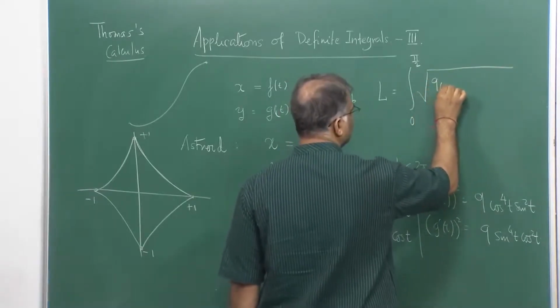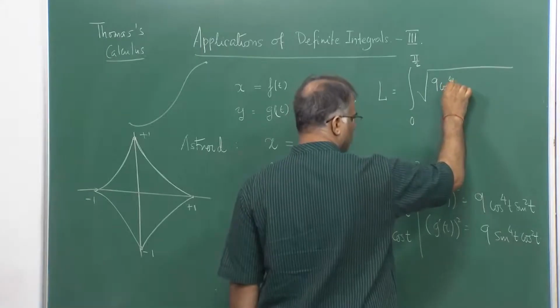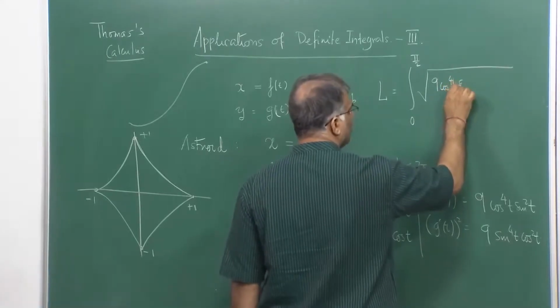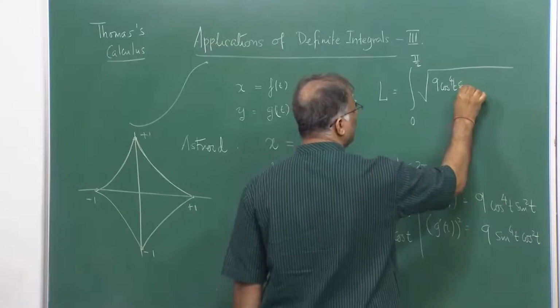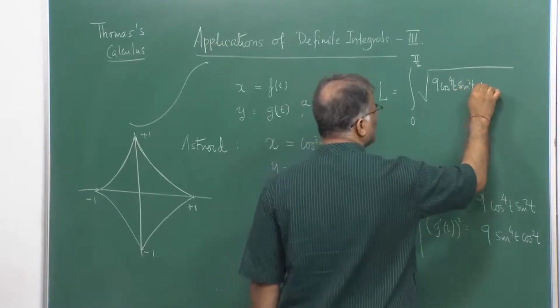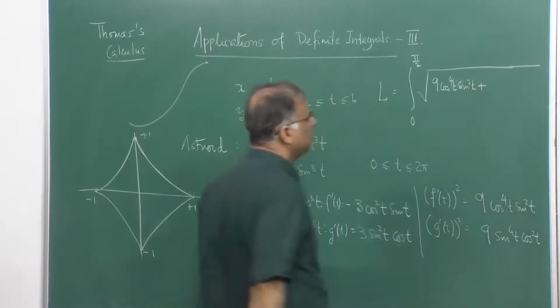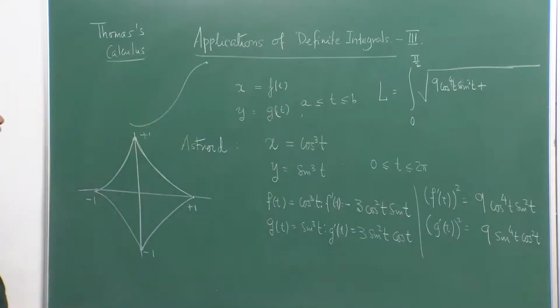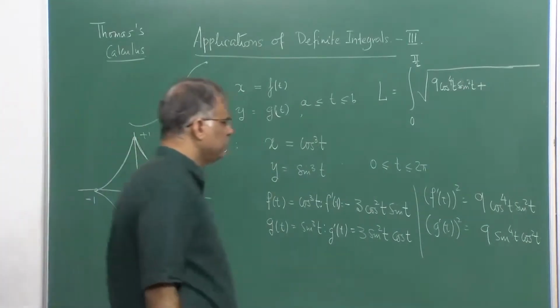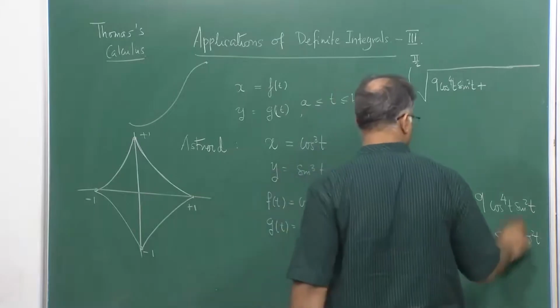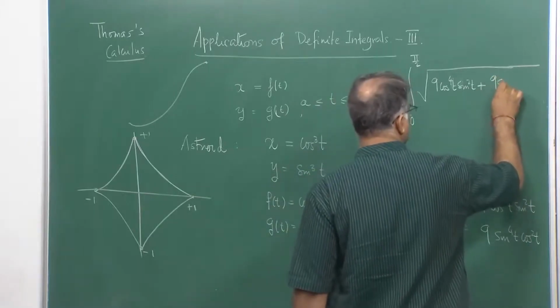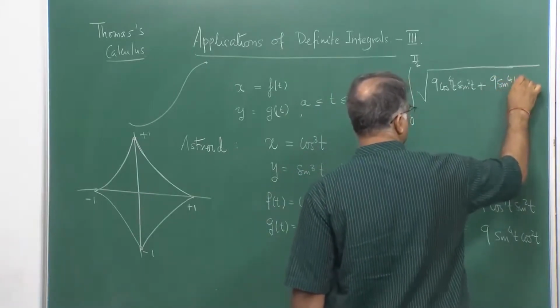Then I will have root over 9 cos 4 t sin square t plus 9 sin 4 t cos square t.